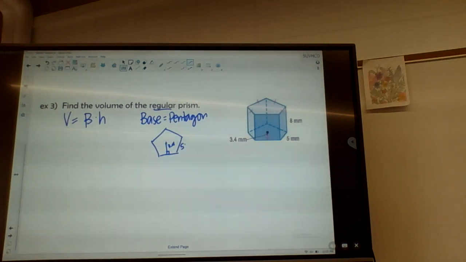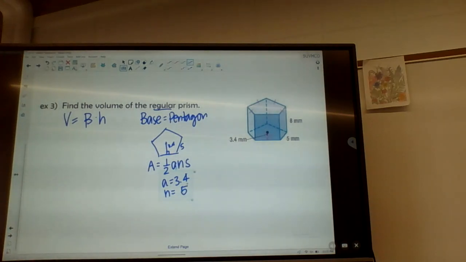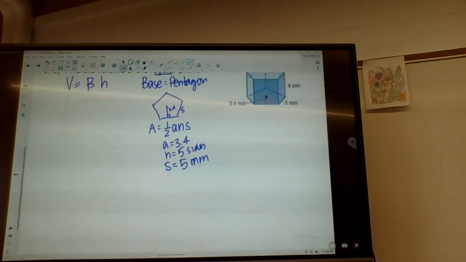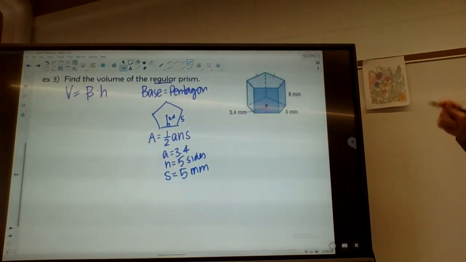So they've given us all the pieces we need. Little a is 3.4, n is the number of sides, which is 5, and then s is the side length, which is 5 millimeters. So we're able to find that area just based off the information they already gave us.